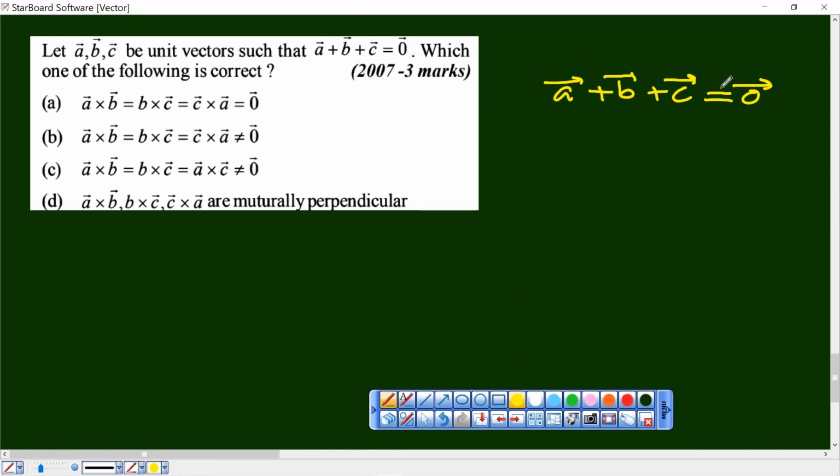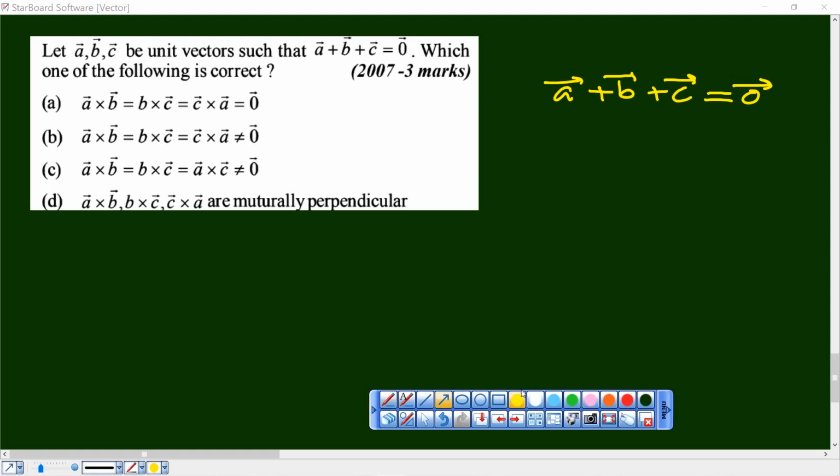And for three vectors summing up to null, they can always be represented as sides of a triangle taken in order. It cannot happen otherwise, because if I try to put them as sides of a triangle, then the third vertex would not be completed. Of course, it has to complete the triangle. So that is what the converse of the triangle theorem was.